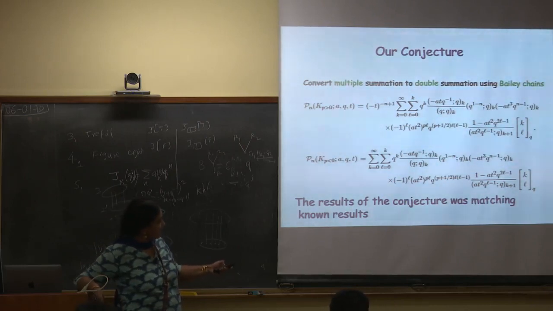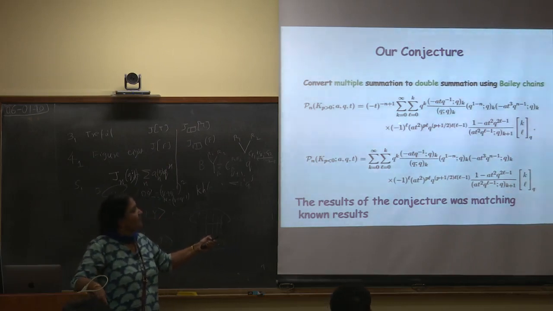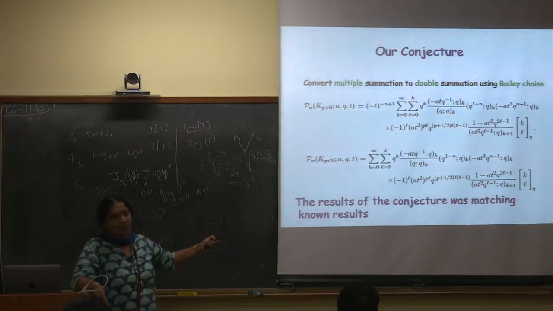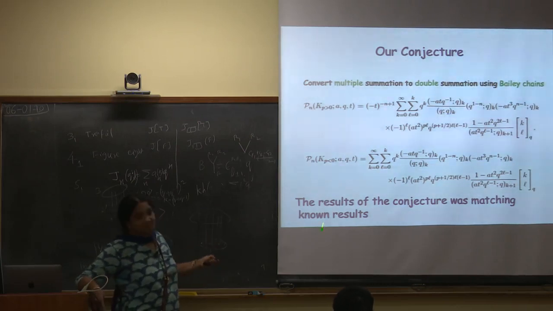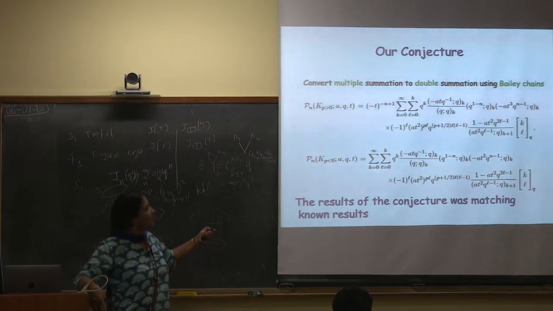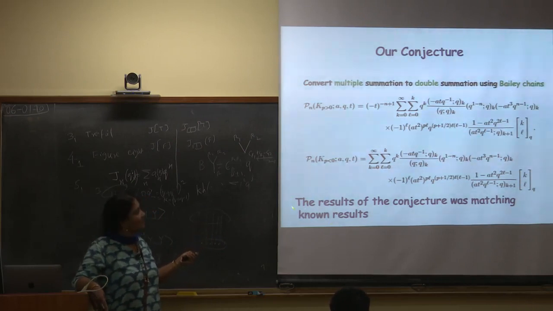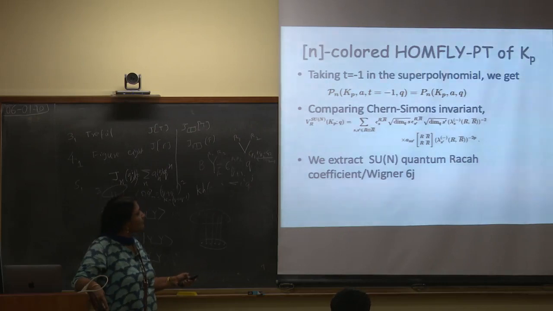Then we also tried to minimize the summation with the aim of checking the volume conjecture, and we could use the Bailey identities to bring it to a minimal summation. Once we had this result, comparing with the Chern-Simons answer, we could extract a closed form expression.